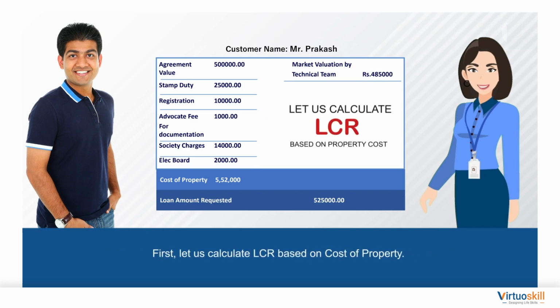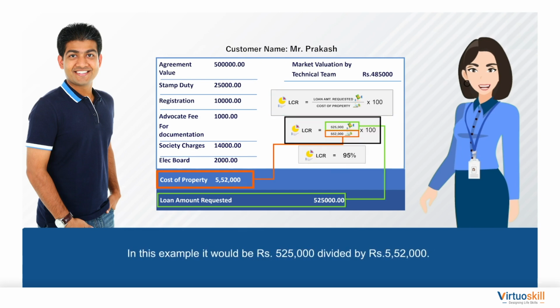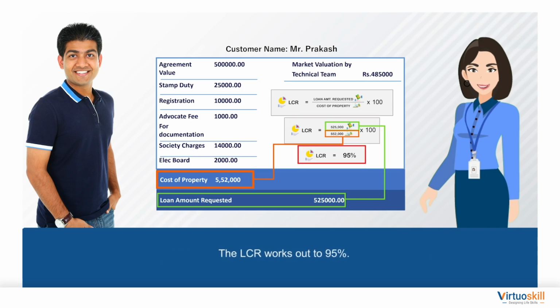First, let us calculate LCR based on cost of property. The formula for LCR would be loan amount divided by cost of property. In this example, it would be Rs 5,25,000 divided by Rs 5,52,000. The LCR works out to 95%.